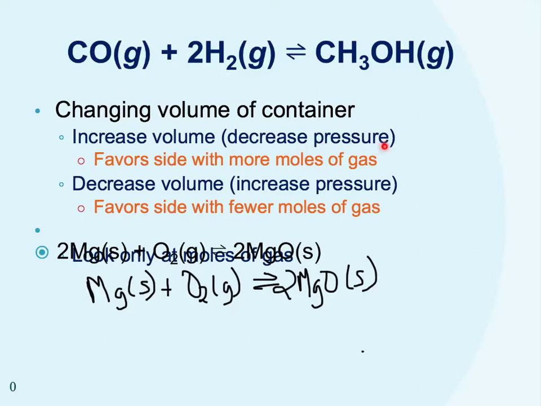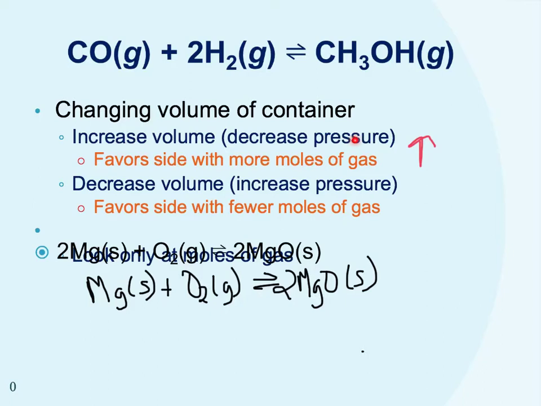I want to favor the side to increase the pressure. And the way I increase the pressure is I'm going to have more moles of gas. Because remember, any mole of a gas under the same conditions will exert the same pressure. It doesn't matter about the identity. It only matters how many moles of gas we have. So I want to favor the side with more moles of gas, basically to restore some of the pressure that I lost from that increase in volume.